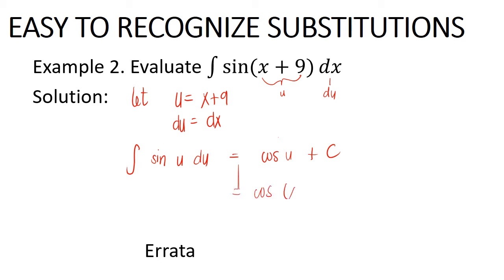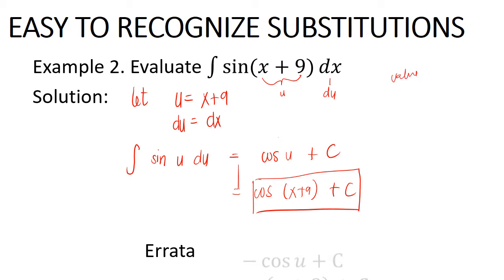Again, hindi pa ito ang final answer kasi naka-variable pa tayo na u. Balik tayo sa x. Therefore, palitan ulit natin si u ng x plus 9. Then, we get the final answer, plus c. Ganun lang siya kadali. Very easy to recognize substitutions.